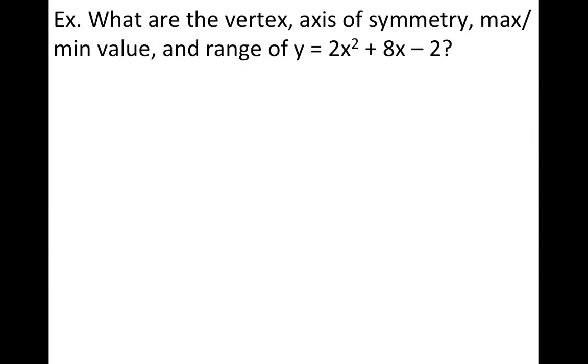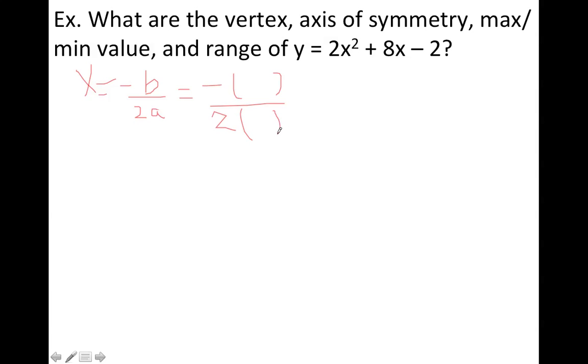So we have to identify the vertex, axis of symmetry, maximum, and range of this function here. We first need to start with finding our axis of symmetry using the formula x equals -b over 2a. And when we do this, we have to identify our b. When I am replacing variables with numbers, I like to use parentheses in case there are negatives.